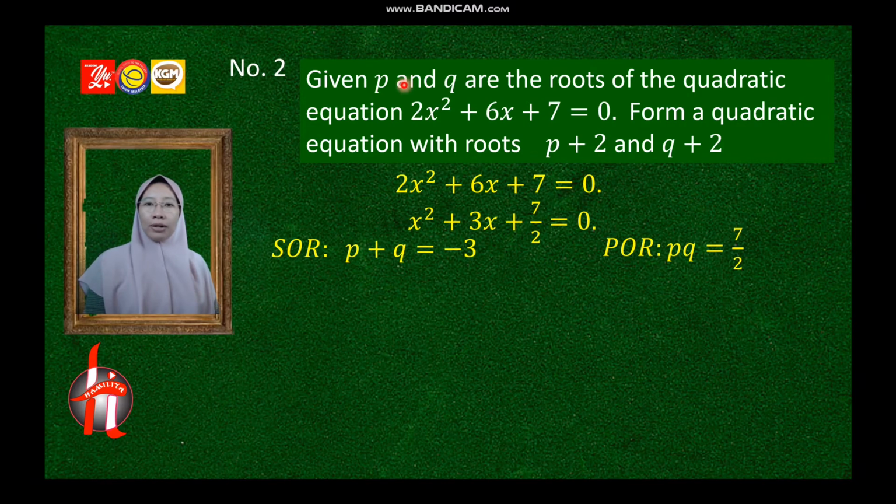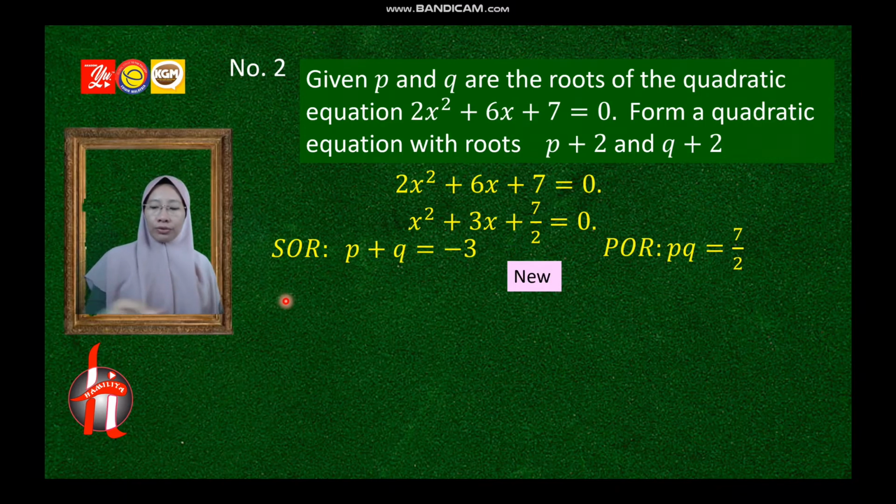We compare the roots given in the question with the equation. So these are the initial roots with the sum and the product of them. Now let's work on the new sum of roots and product of roots with the new roots.